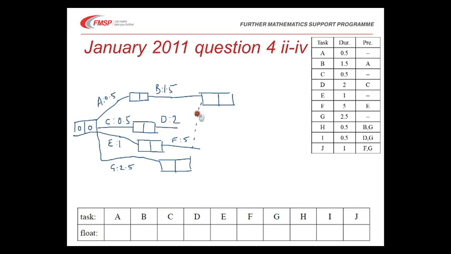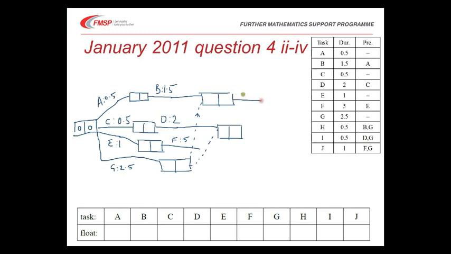Usually useful to put arrows on dummies because they can often be going in strange directions on your network. Similarly, to complete D and G, I want a second dummy here, and D and G can now complete.